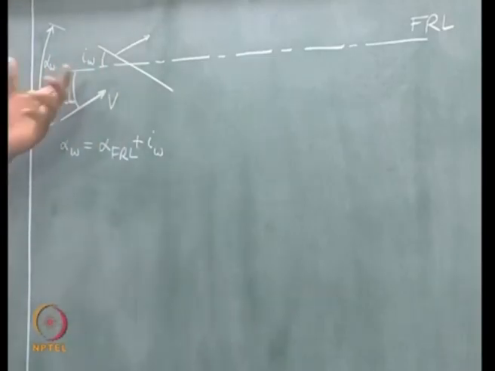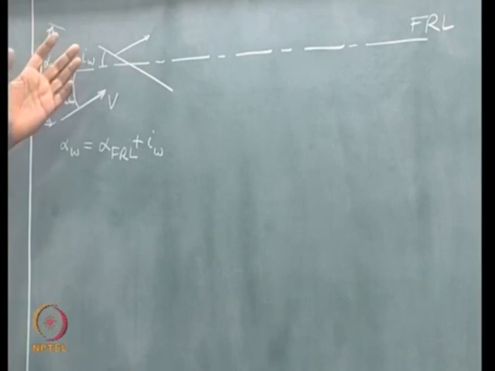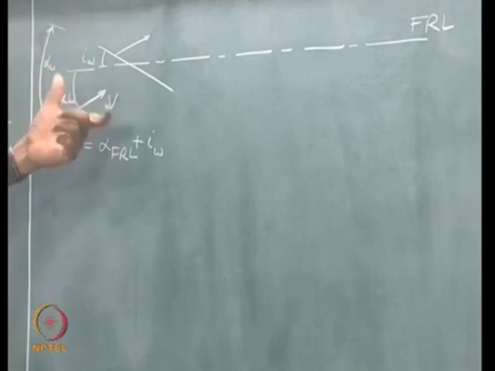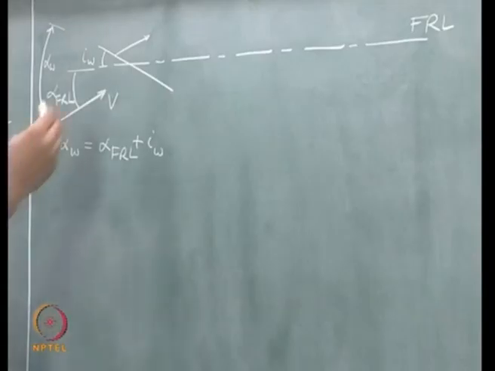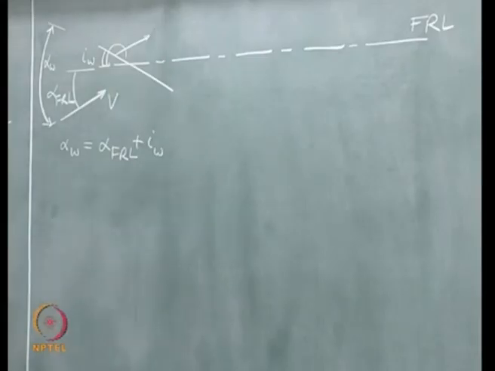Now we assume that all the aerodynamic forces are being shifted to the aerodynamic center of this wing, with a moment, right. So for positively cambered wing, we should have Cm naught, which is negative, right.